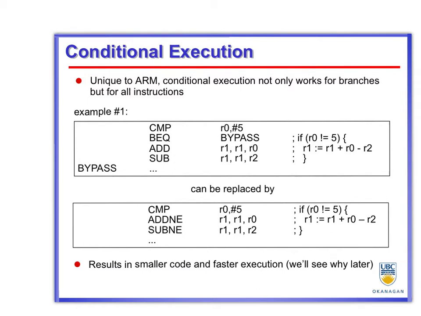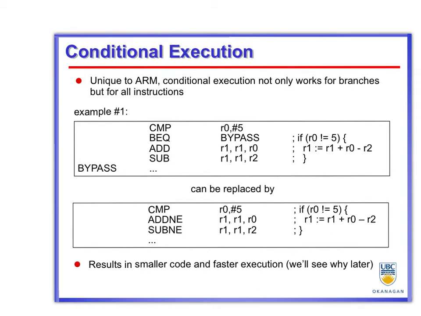Does the first NE suffix have to be directly after the compare lines? Like, could I have just add and then subtract NE? Yes, you could. As long as, when you're using one of these suffixes, and you've got a compare instruction farther up, but there are instructions in between, as long as none of those instructions in between change the condition flags in the status register, you're okay.